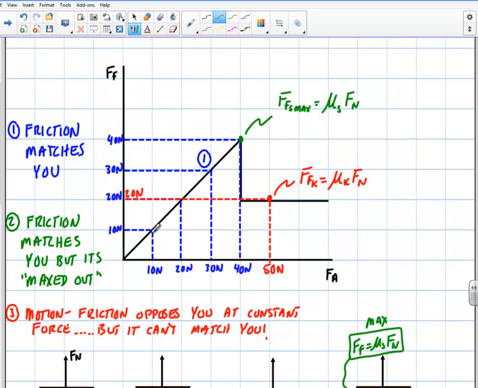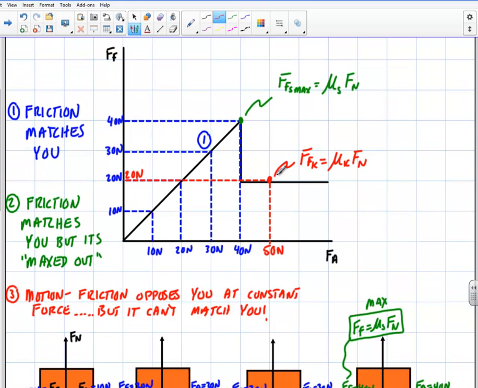The force of friction is going to be whatever the force applied. It's going to be equal and opposite. It's an equilibrium problem. The only way to find situation number two is to use this equation, which is the force of friction static maximum is mu static times the normal. And then situation number three is basically you're moving and your force applied is greater than the force of friction opposing you, and you're going to have a net acceleration if that's the case.